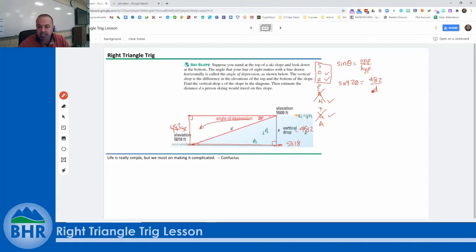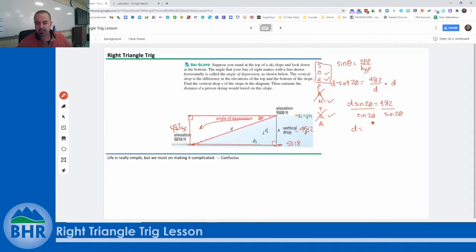So I need to get the D out of the bottom. So I'm going to multiply both sides by D. So D times the sine of 20 is equal to 482. Now I need to divide by the sine of 20. This is where maybe having the number sine of 20 as a number makes a little more sense, and I'll do that over here for you, just so you see.